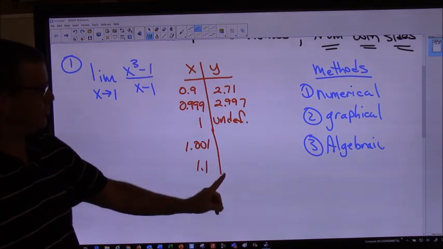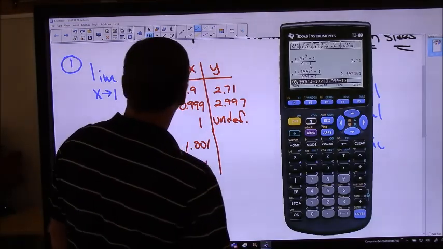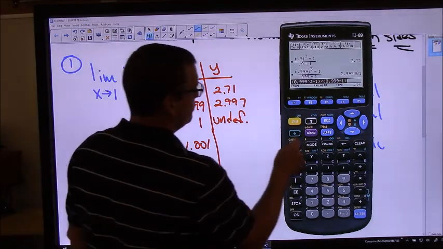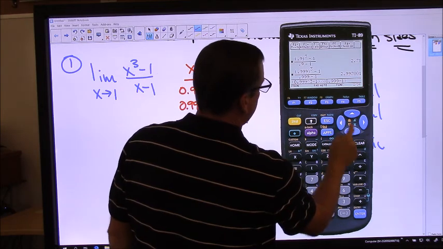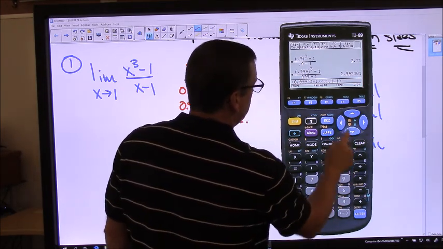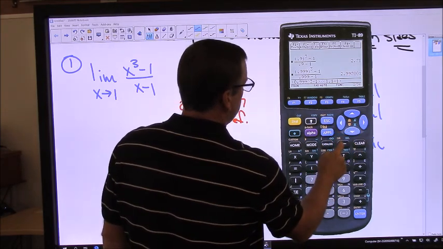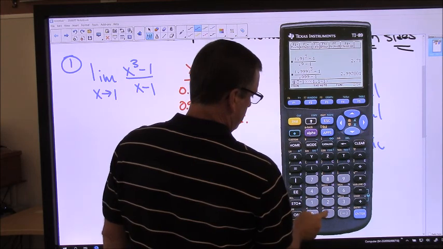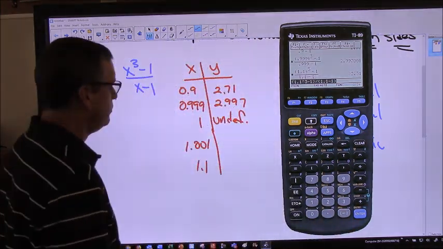I just want to make sure, does the same thing happen from the other side? So I'll plug in 1.1. And hit enter.